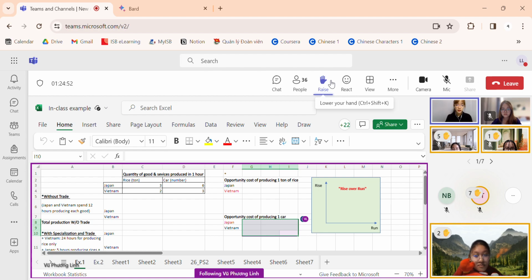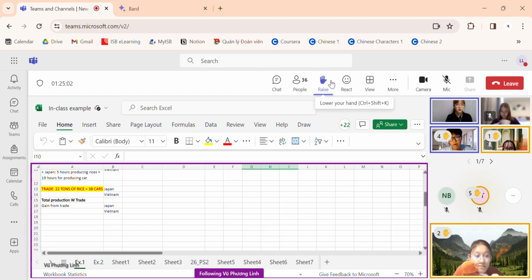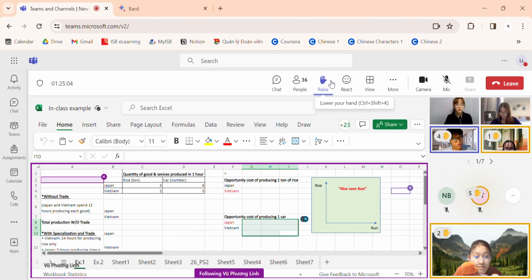Yes, Hui. Yes, so the absolute advantage is the ability to produce a good by using fewer inputs compared to another producer. Like we use less effort to produce the same quality of goods than another producer.